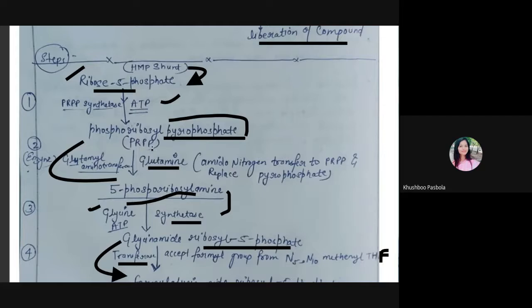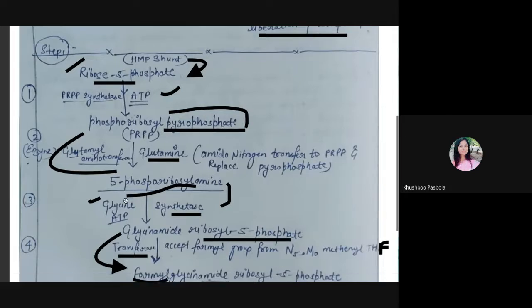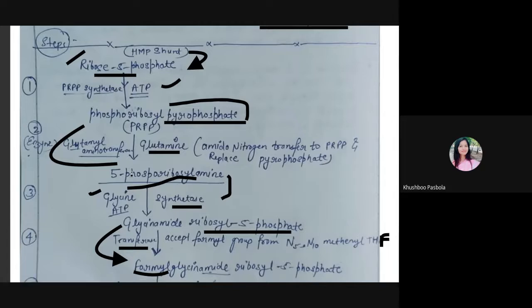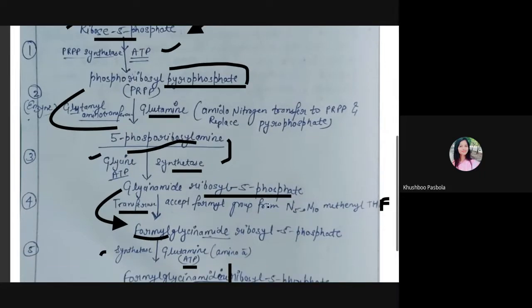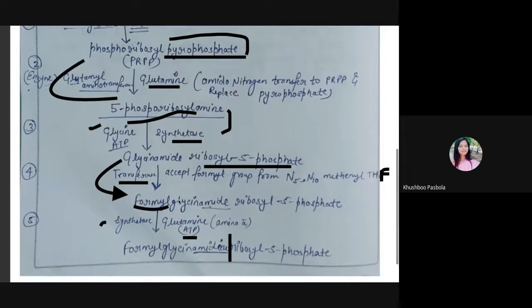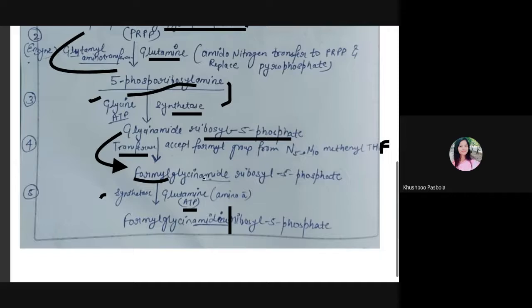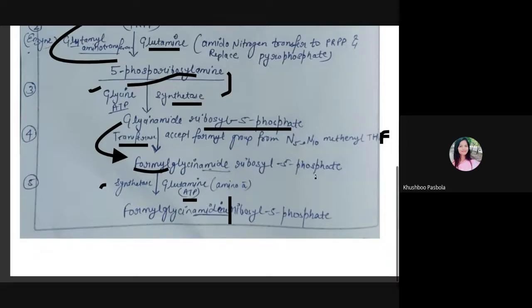Now this PRPP, that is phosphoribosyl pyrophosphate, will convert into 5 phosphoribosylamine. This 5 phosphoribosylamine will convert into glycinamide ribosyl 5 phosphate, and this will convert into formyl glycinamide ribosyl 5 phosphate. Now this will convert into formyl glycinamidine ribosyl 5 phosphate.